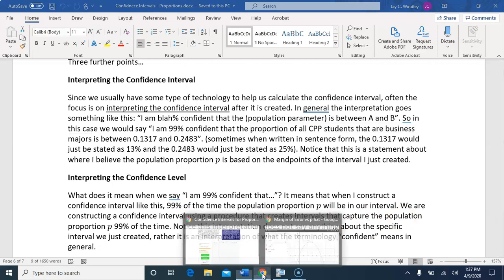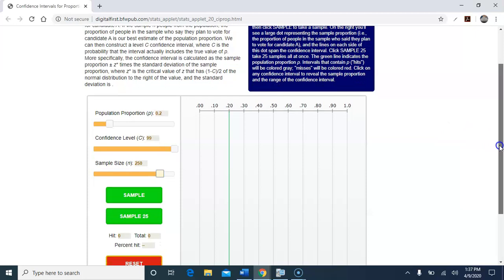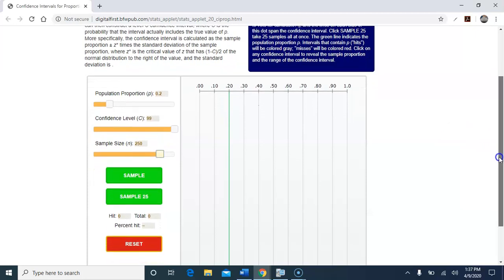Let me show you a picture of what it means to be confident in general. So here's this app that will create confidence intervals. I'm going to pretend that the population P is 0.2, and I'm doing a confidence level of 99%, and the app won't let me do a sample size of 300, so I'm going to do a sample size of 250.